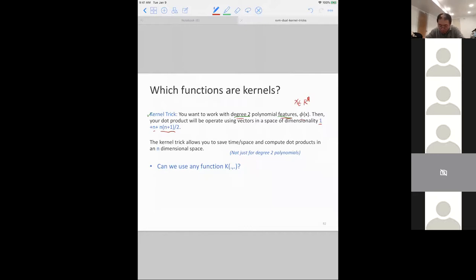Because you have to include degree 0 terms, degree 1 terms, including all of the original features, and also degree 2 terms, right? Degree 2 terms are all the squares of the original features and the cross products of different features. So you see, the dimension of the mapped feature vector will be proportional to n squared, right?